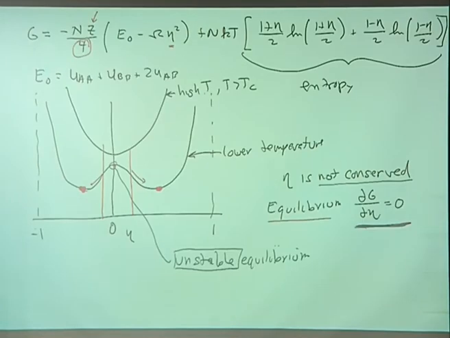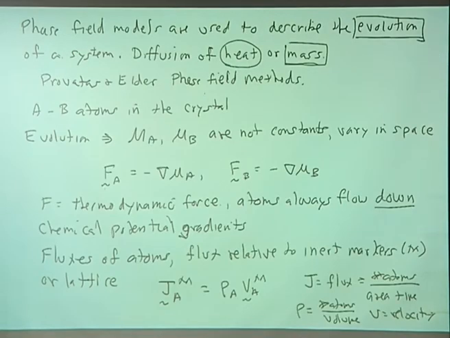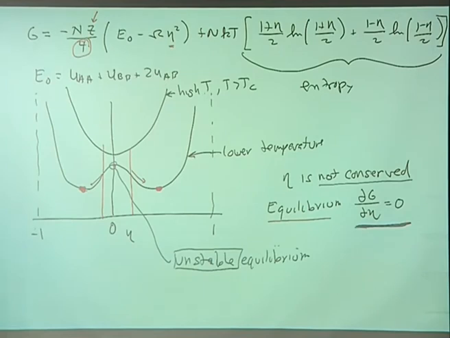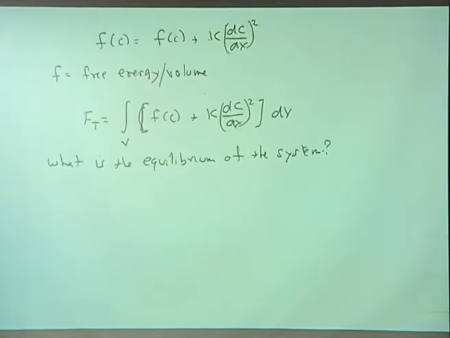Then we said that if you have an ordering system, the system is in equilibrium when the first derivative of the energy with respect to the order parameter is equal to 0. So what we're asking, for example, in this case, is to identify the values of the order parameter where the system is at its minimum. You go back to what we're doing here, and we're going to ask a different question.